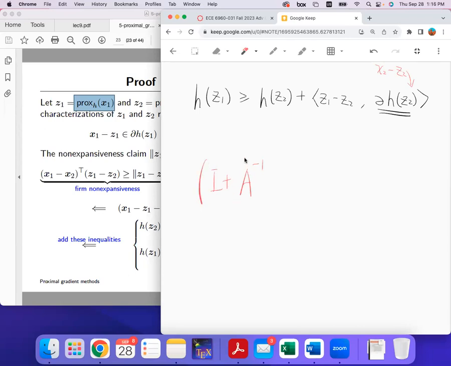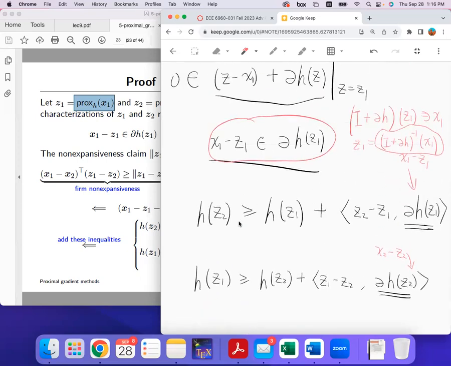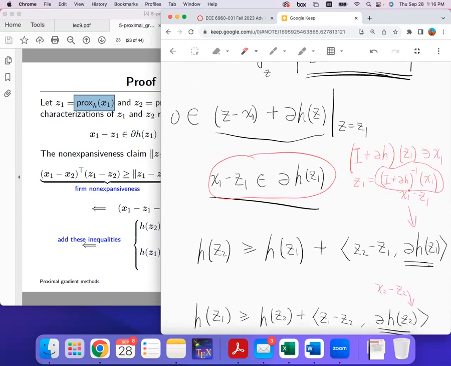And by doing that, it could be invertible. Here it is the same thing, except that matrix A is a linear operator. A matrix times something is a linear transformation. But here we are talking about the subdifferential operator, which is a highly nonlinear operator associated with nonlinear functions. But the idea is pretty much the same.